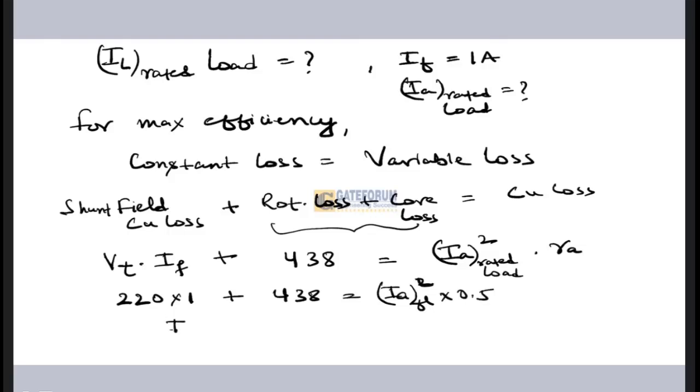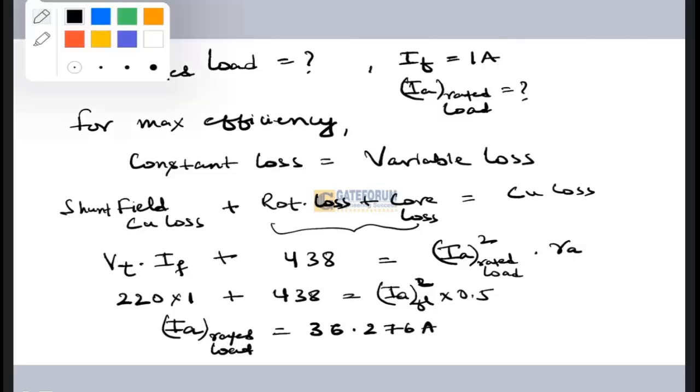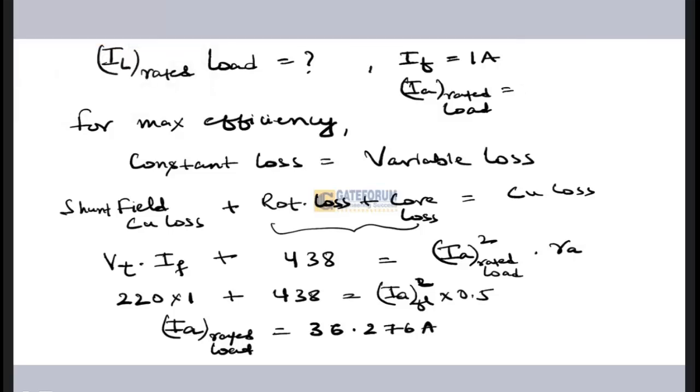From here you will get the value of IA at rated load, and that will come out to be 36.276 ampere.